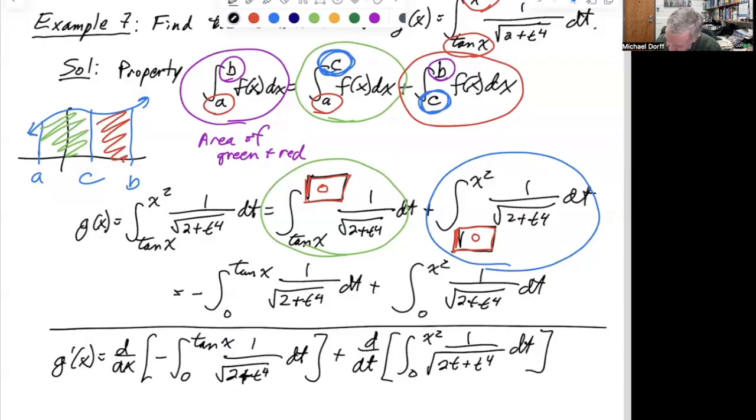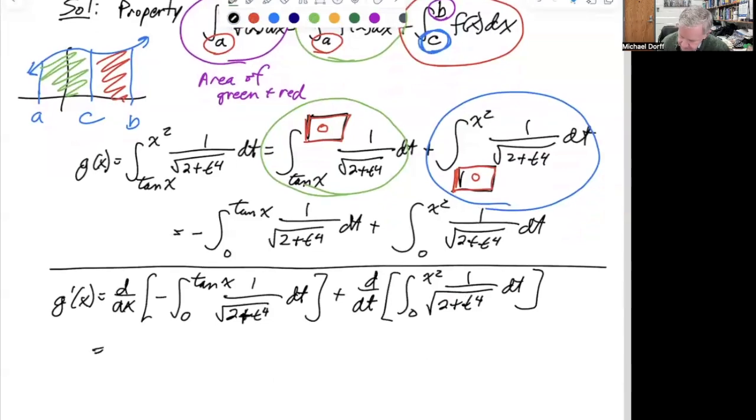Whoops, I think I have a little mistake there. So let me go back a little bit. Yeah, okay. That should just be the square root of 2 plus t to the fourth dt. All right, and so now I just take the derivatives here.